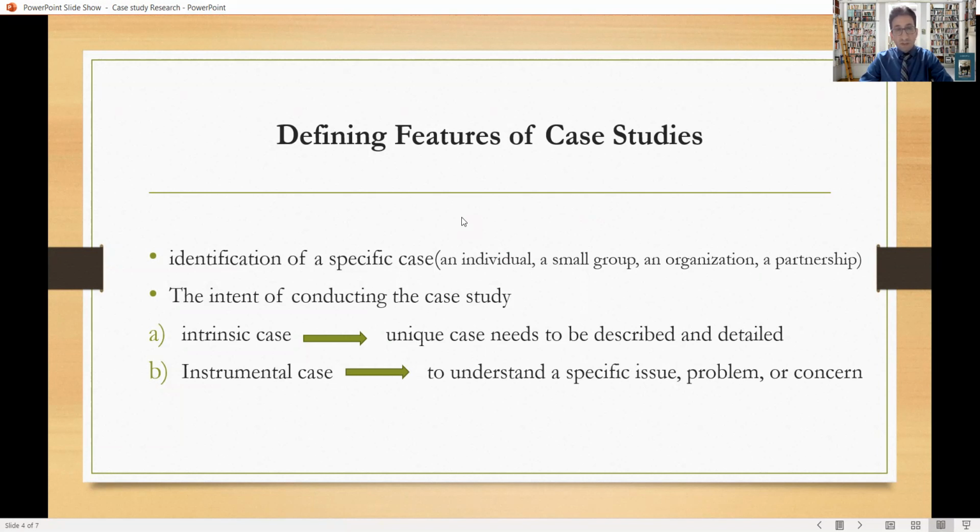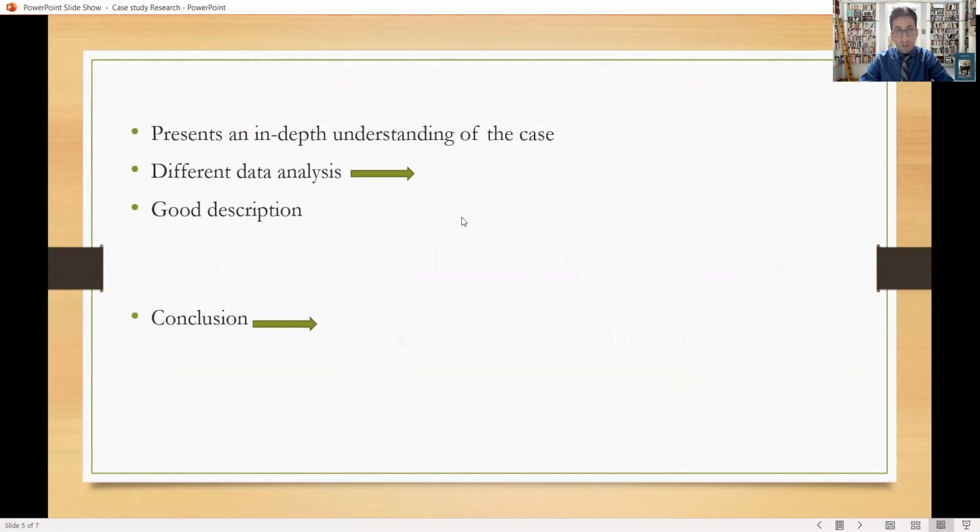The next one, in an instrumental case, the intent of the case study may be to understand a specific issue, problem, or concern. That is called an instrumental case.